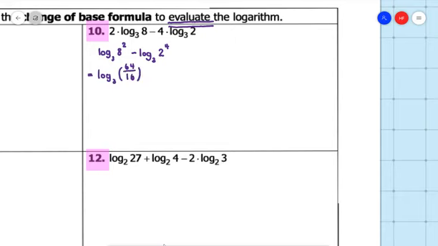So I just took 8 squared and put it over 2 to the 4th. Which is 4. So we've got log base 3 of 4.